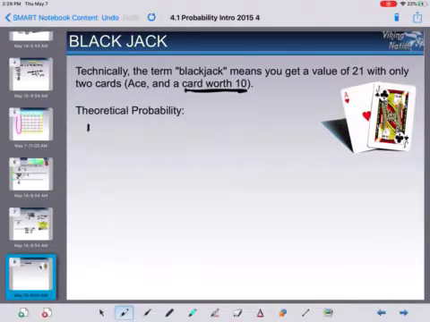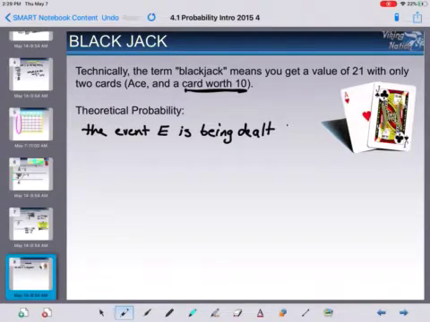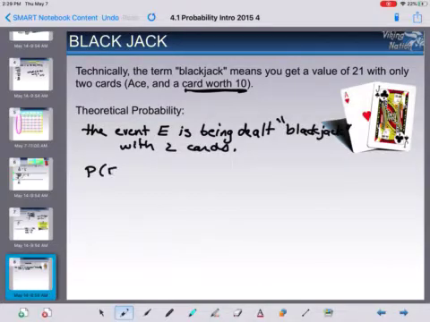So I'm going to say the event E is being dealt blackjack with 2 cards. Okay, so the probability of getting E is going to equal the number of ways for me to get E over the total in my sample space.